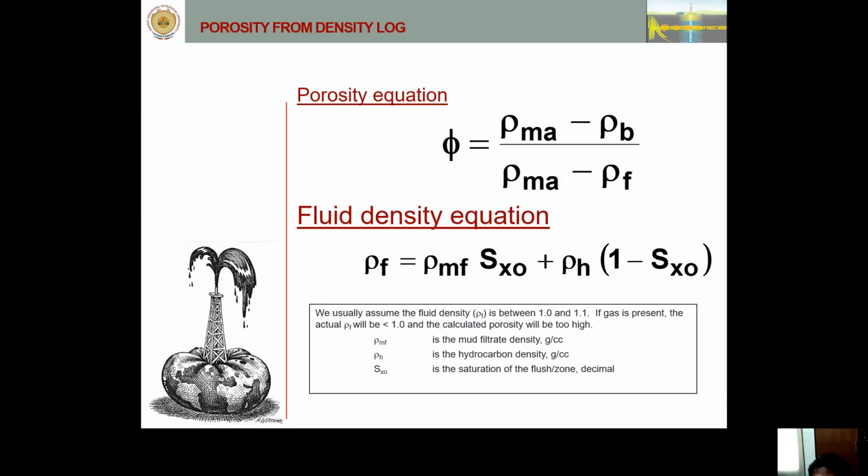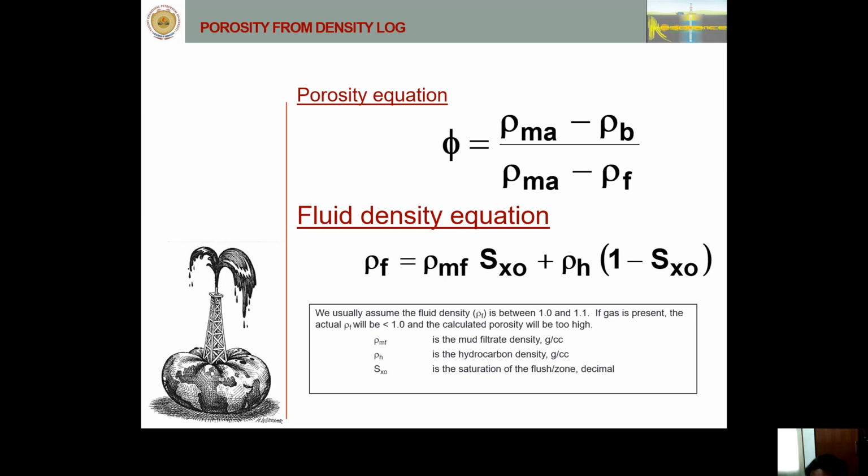The porosity equation phi is given as rho matrix minus rho b divided by rho matrix minus rho f, and the fluid density equation is given as rho f is equal to rho mf times S xo plus rho h times 1 minus S xo. We usually assume the fluid density rho f is between 1 and 1.1.